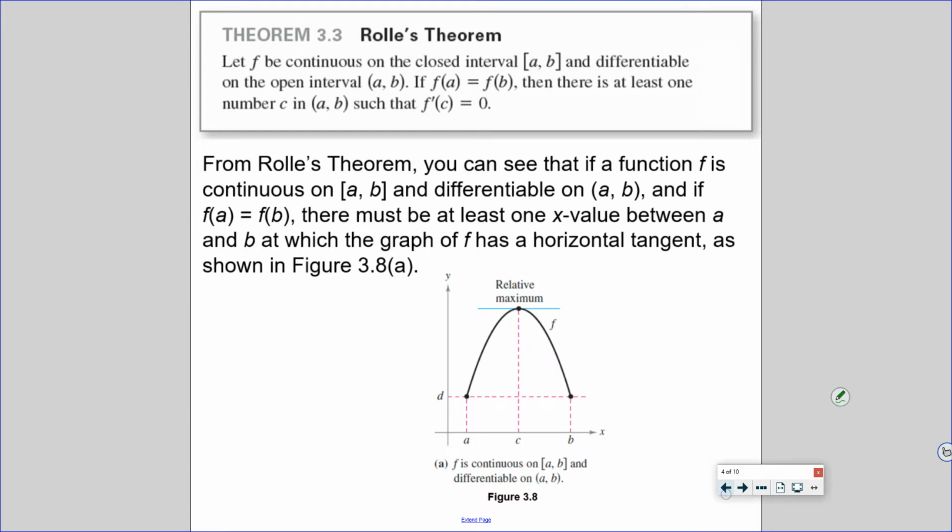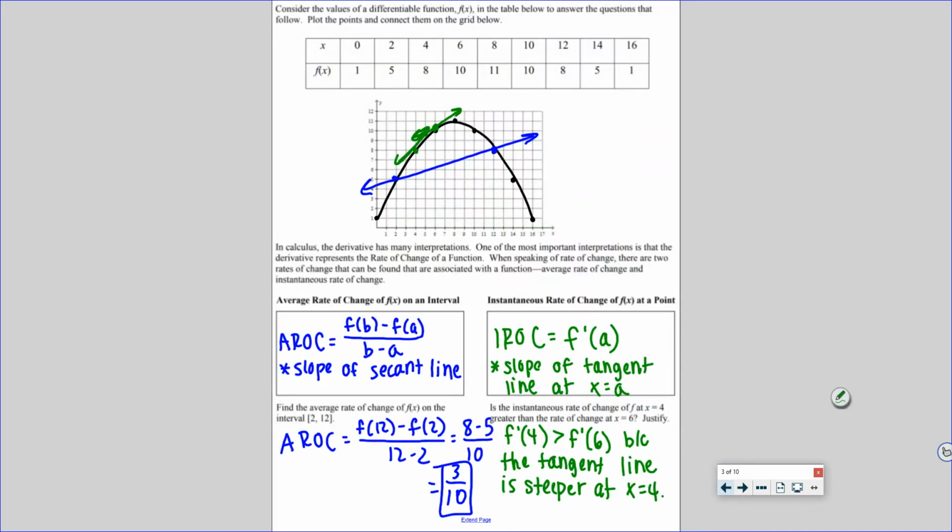Okay, so if we look back at this example, Rolle's theorem would apply because look at my endpoints here. So on that closed interval 0 to 16, is my function continuous? Yes, I can trace it without picking up a pencil. Is it differentiable? Yes. f of 0 is the same as f of 16.